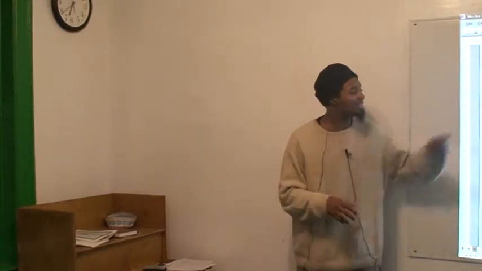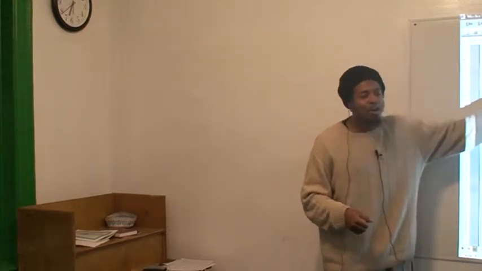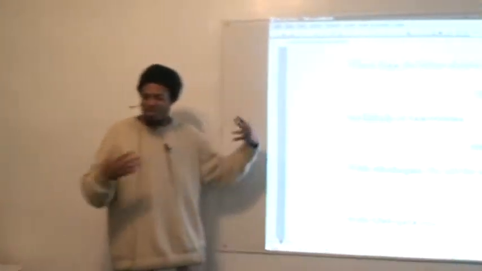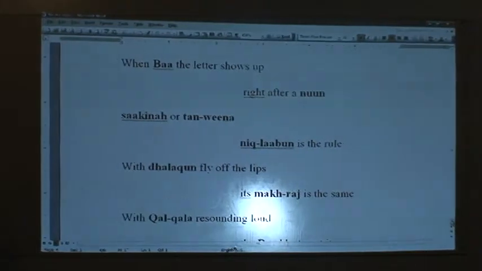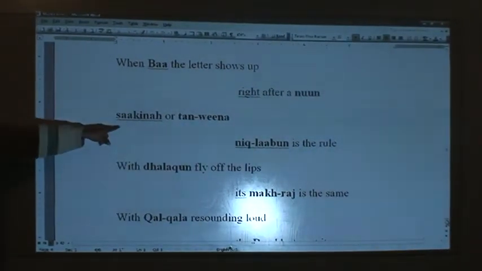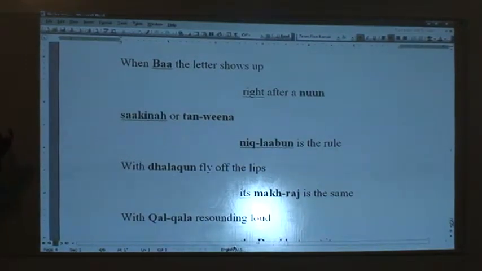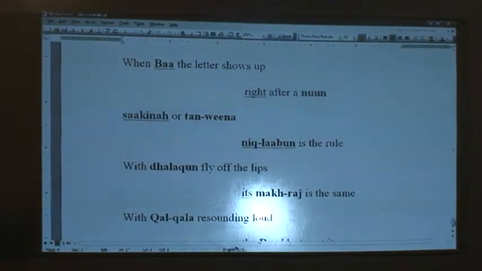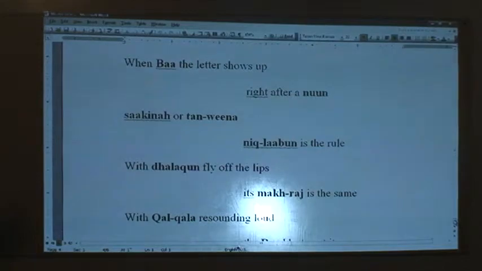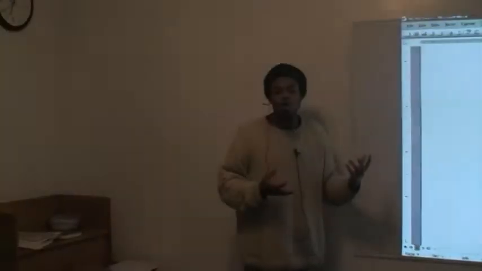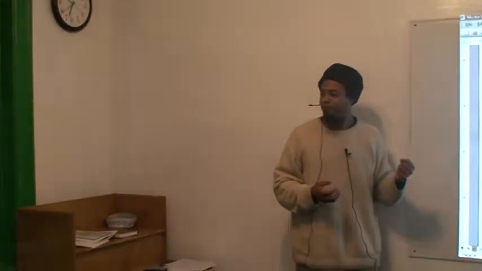Okay? So he says here, when ba, the letter, shows up right after a noon, even if that noon is sakina, meaning a noon that has a sukoon over it. It doesn't have a vowel sound. Say an, in, un. That's what we're talking about.